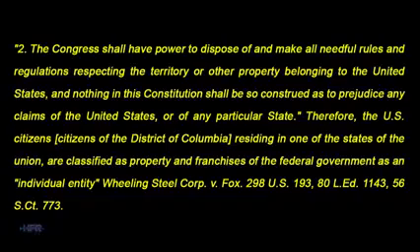Therefore, the U.S. citizens of the District of Columbia, residing in one of the states of the Union are classified as property and franchises of the federal government as an individual entity. Willing Steel Corporation versus Fox, Title 298, United States Reporter, page 193, and Title 80, Lawyer's Edition, page 1143, and Title 56, Supreme Court Reporter, page 773.